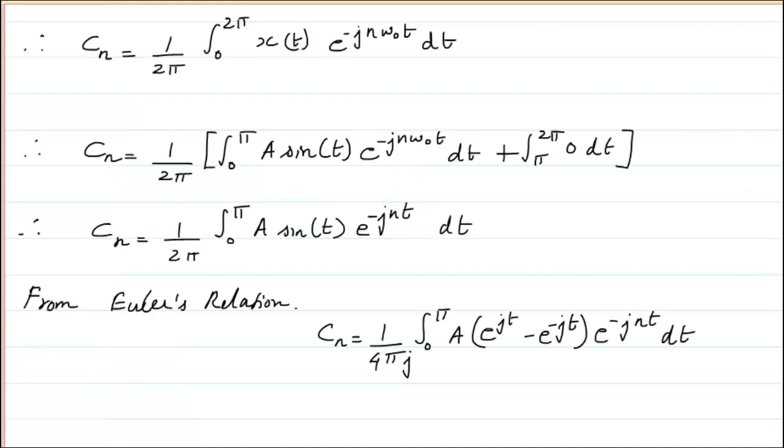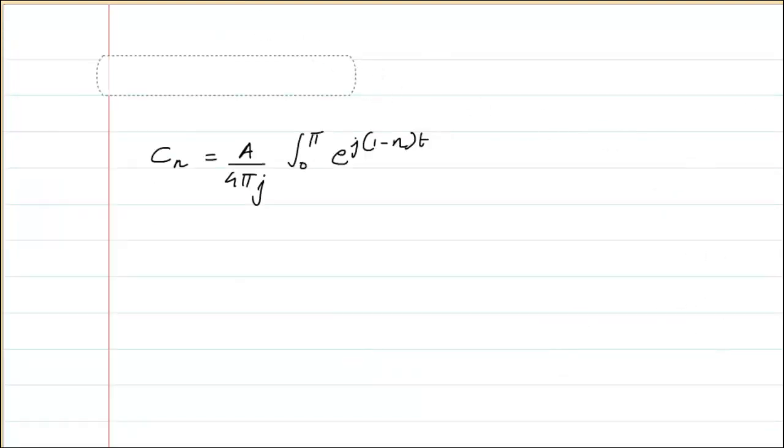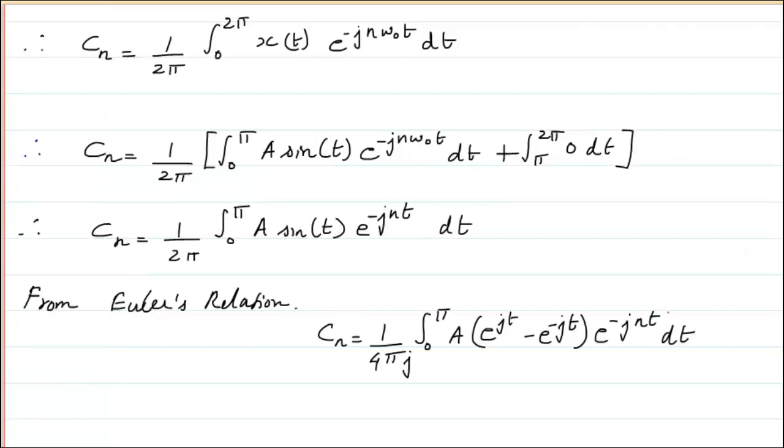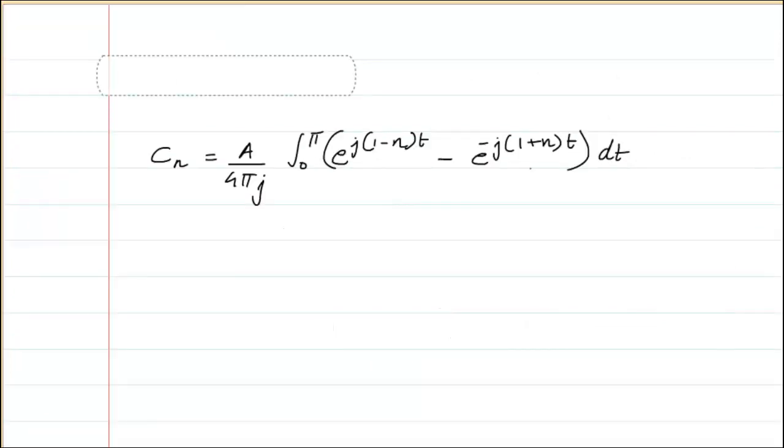So I have taken these two together, and similarly here I will get minus, since minus is common, minus of e raised to power minus j times 1 plus n, t, that I will put inside the bracket, and then dt. Correct?